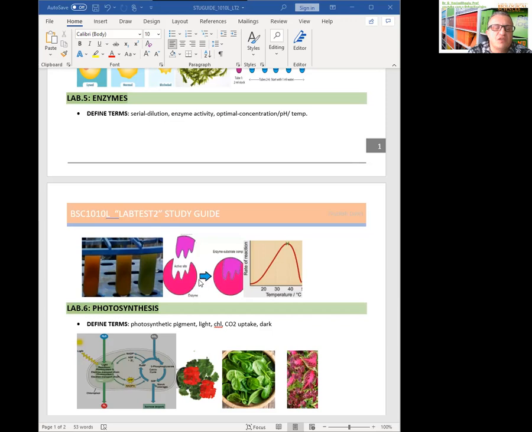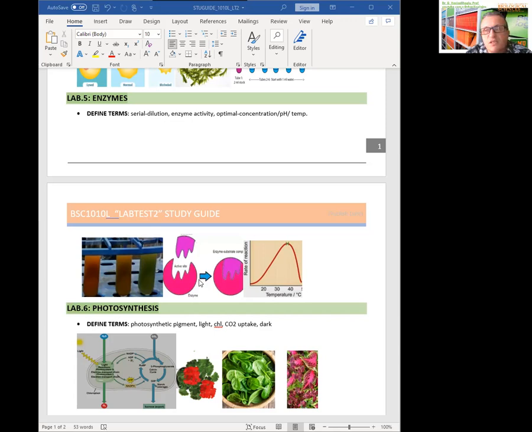So we did a series of experiments to find the best color change for this enzyme in terms of temperature, pH, and concentration. Remember, we are only working on one enzyme here, which means every enzyme is unique in terms of its temperature, pH, and concentration.